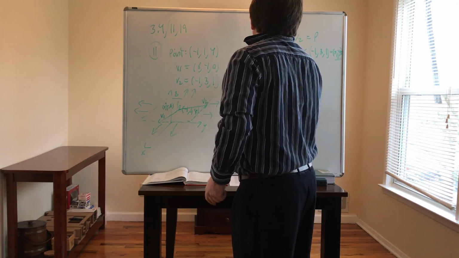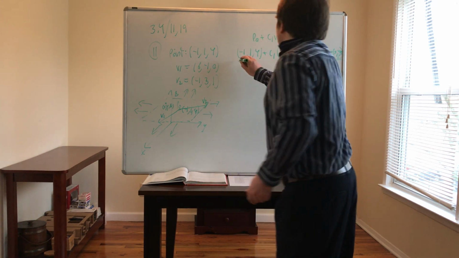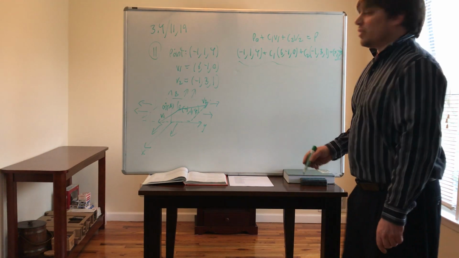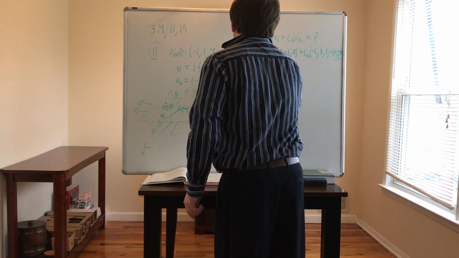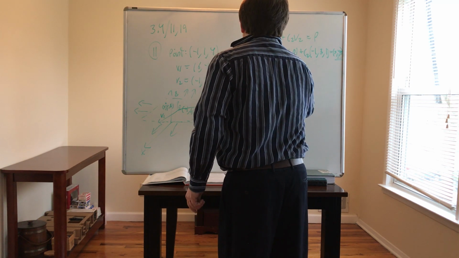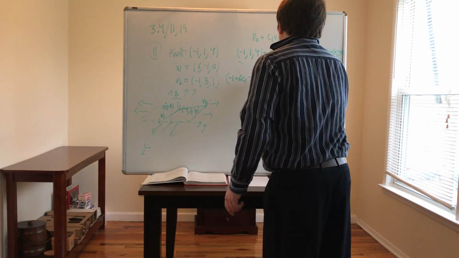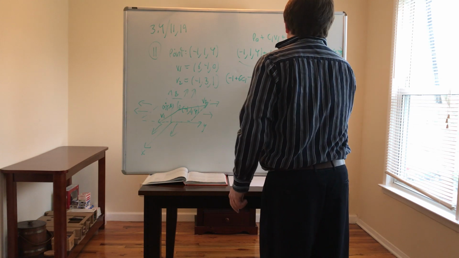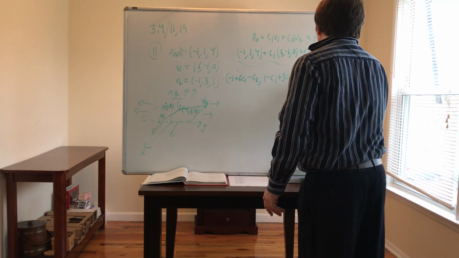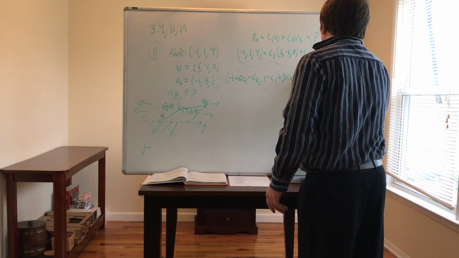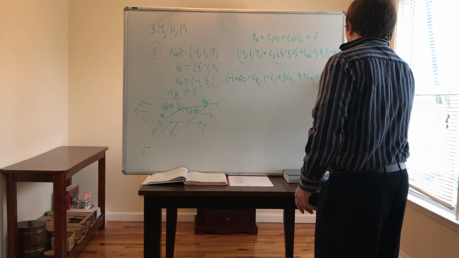Okay, so let's say I'm going to add up these three vectors, component by component. So the first component is going to be -1 plus 6c1 minus c2. The next component is going to be 1 minus c1 plus 3c2, comma 4 plus c2, and that's equal to x, y, z.